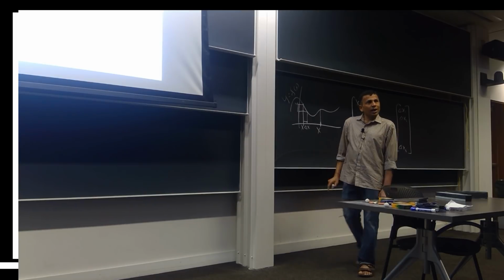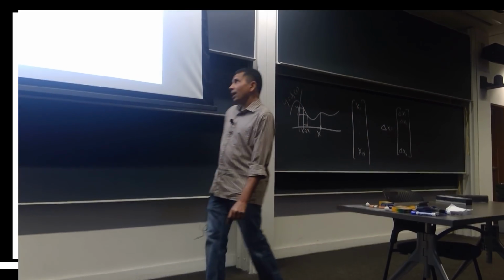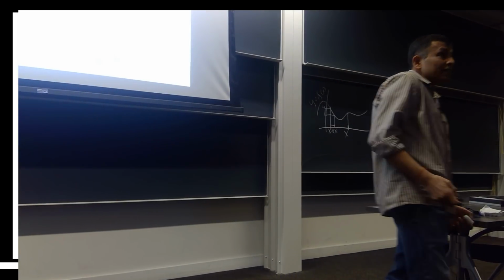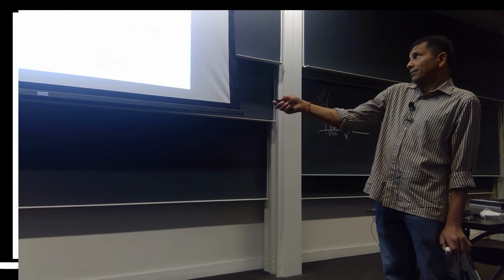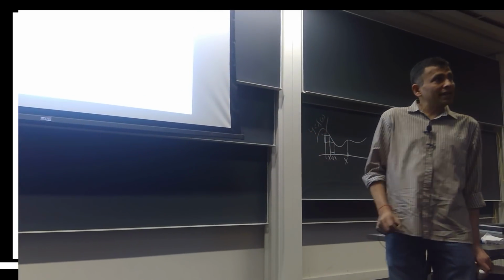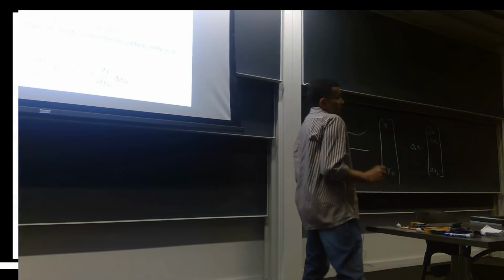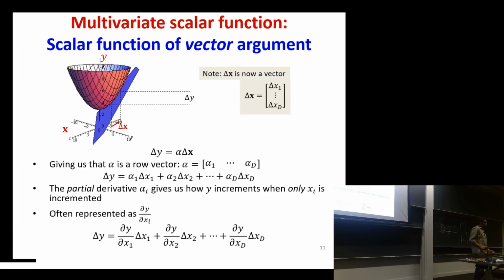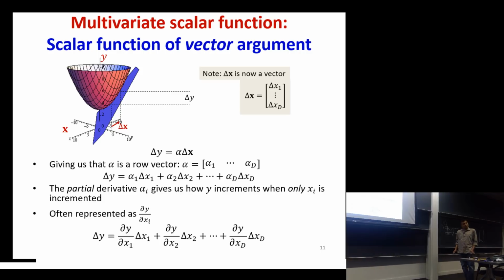Right? And now, the way we define the derivative remains exactly the same. Here's delta y, here's delta x. The derivative in this case is the constant by which you multiply the small perturbation in x to get the resulting perturbation in y.